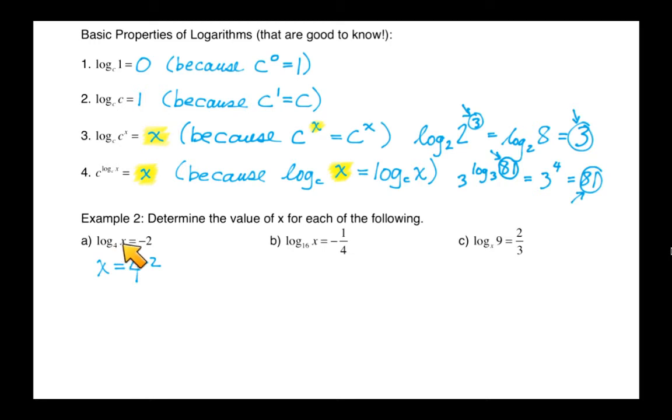The argument of the logarithm is the power. Here's the base. The answer to the logarithm question is the exponent. So this is 4 to the minus 2. 4 to the minus 2 is 1 over 16. And as a check, if we put the 1/16 in here and we do log base 4 of 1/16, that would give us -2.